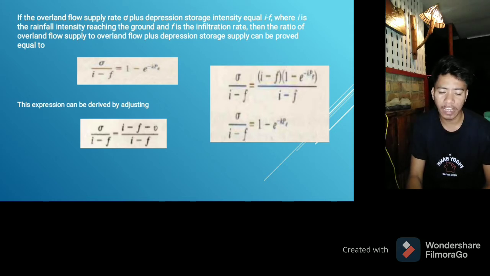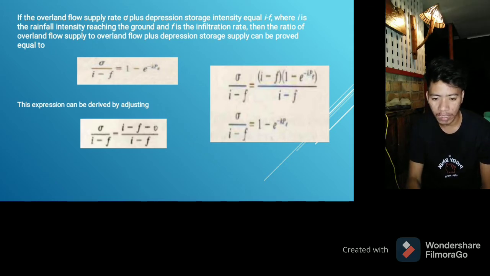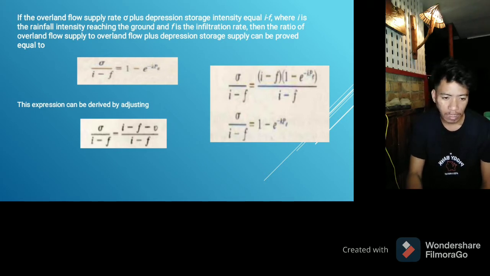This expression can be derived by adjusting O over I minus F is equal to I minus F minus B over I minus F. For further derivation, you can look for it in the written report that I have submitted. But in the outcome of the derivation, you can finalize a formula of O equals I minus F times 1 minus e raised to negative k times PE.